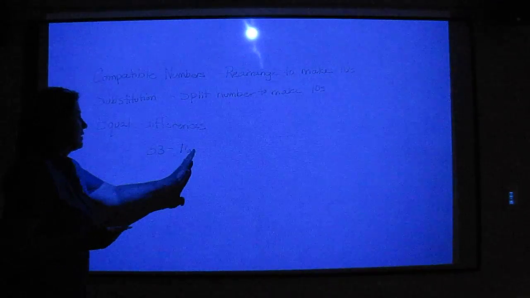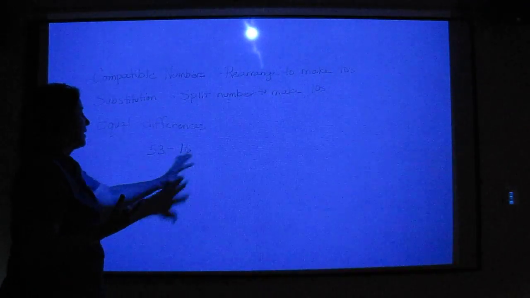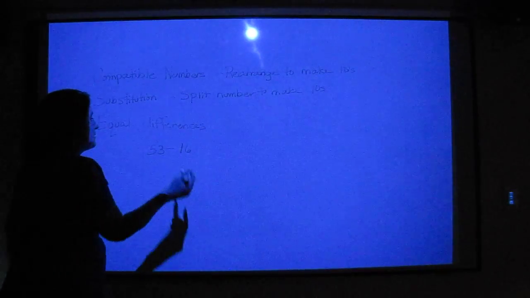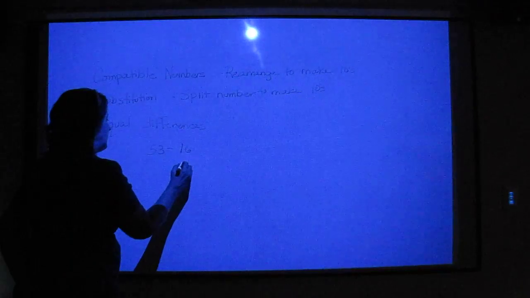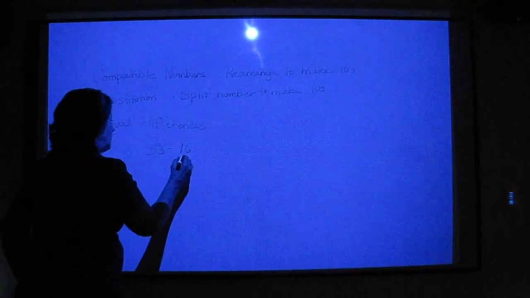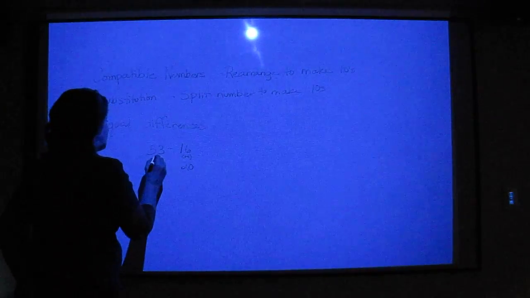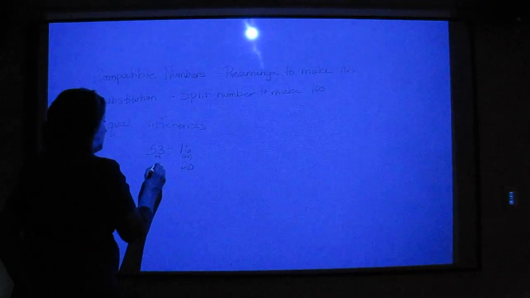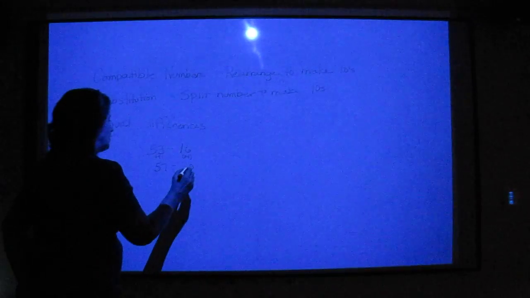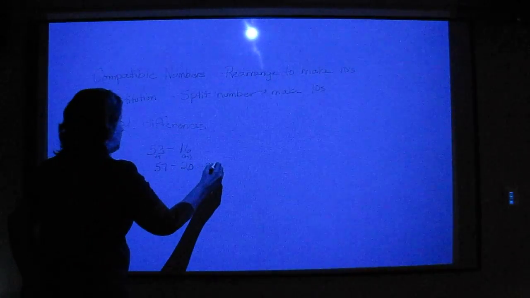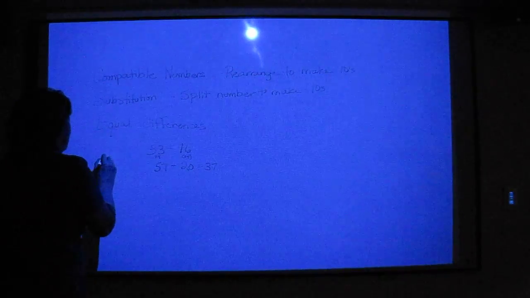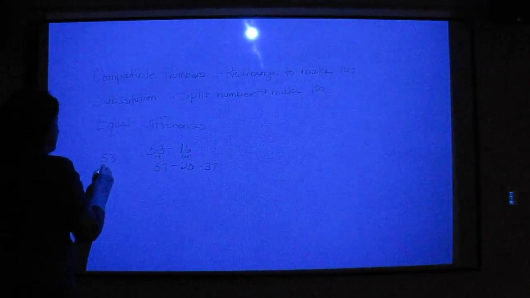Again, I want to try to make this one into a 10 if I can without it being too hard. Well, 16 is not all that far from a 10, so let's make it into a 20. To do it, I had to add 4. So I'm going to have to add 4 over here. I'm going to get 57 minus 20, and my answer is going to be 37. Again, let me just prove it. Make sure you're happy.